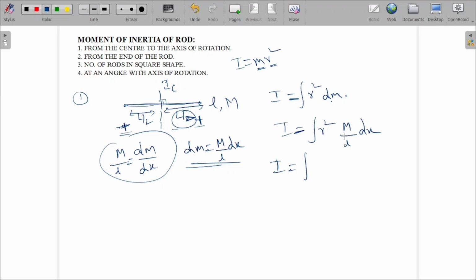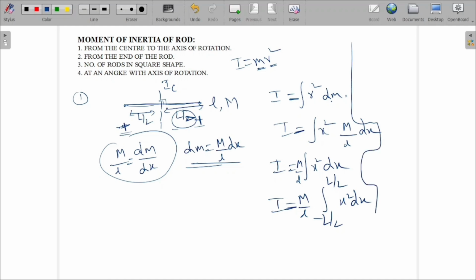M by L is constant, so take it common. R is nothing but the x distance. So I equals m by L integral from minus L by 2 to plus L by 2 of x square dx. Okay, so from this we need integration.